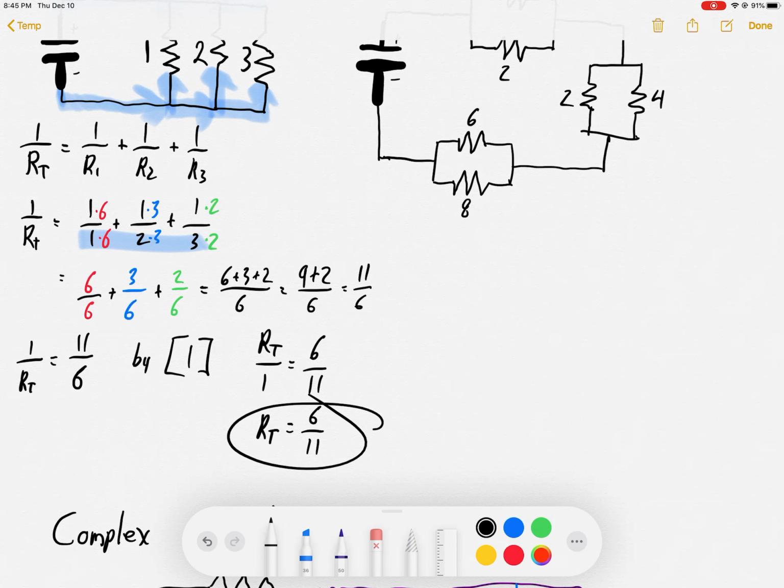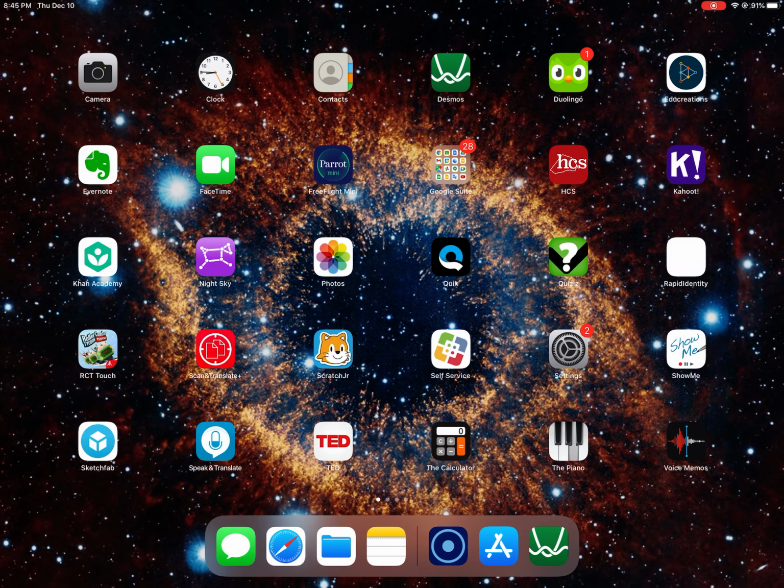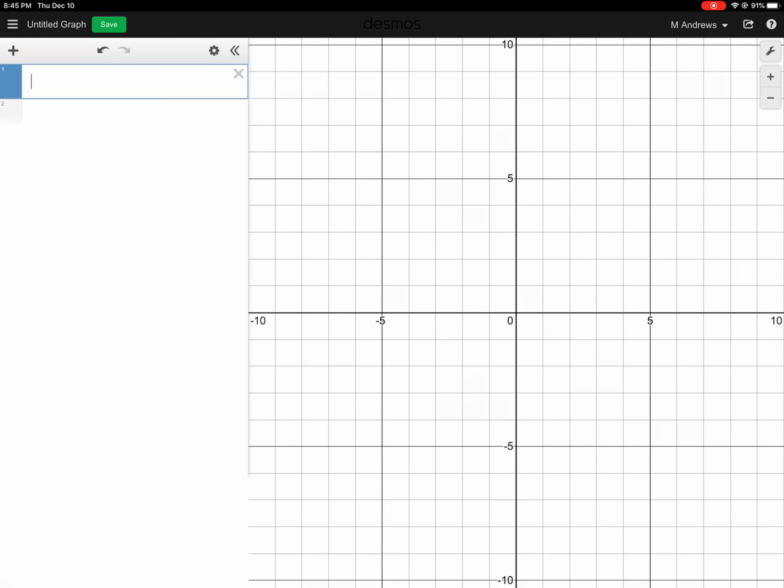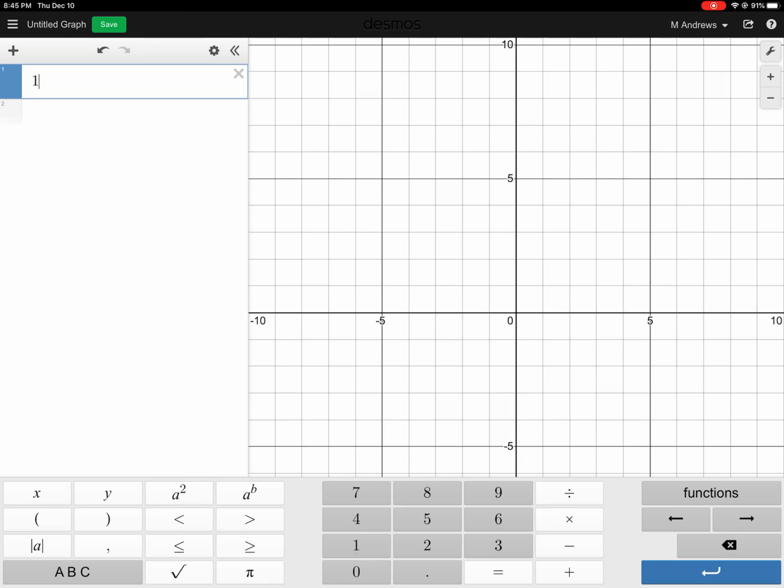But there's an easier way to get this number. In a normal math class, I would wait a while to tell you how to do this, but I'm going to show it to you. All right. So go to Desmos. You can go to desmos.com, and then type in your fractions.